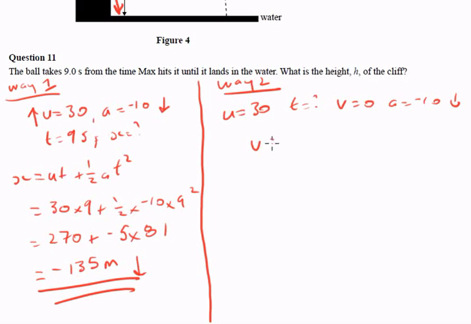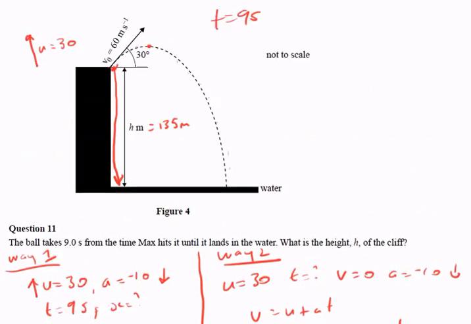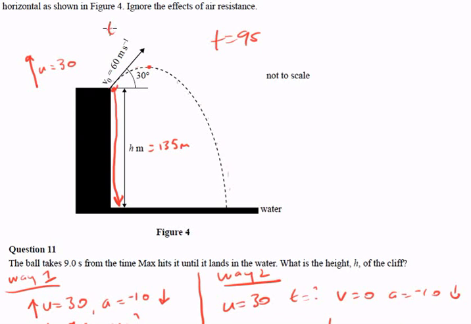We use v equals u plus at, so 0 equals 30 plus negative 10 times t. Minus 30 on both sides and we solve, we get t equals 3 seconds to the top. That means if it takes a total of 9 seconds, it takes 6 seconds from the top to the bottom.